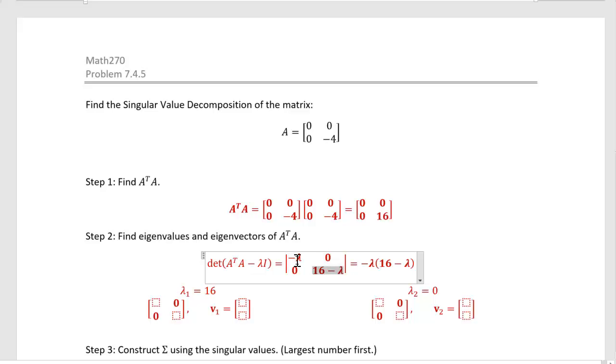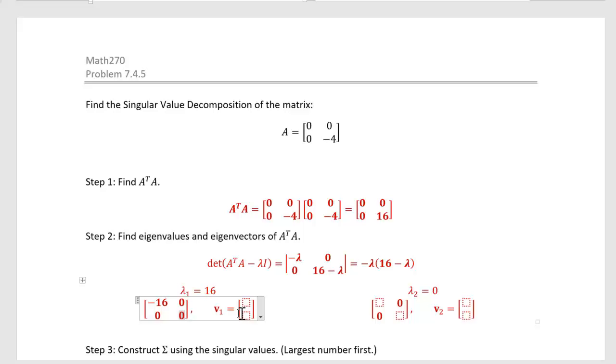When we put 16 back in here, we get negative 16, and 16 minus 16 gives us 0. That gives us a free variable at x2, and x1 has to be equal to 0 to make that negative 16 disappear. So our first eigenvector is 0, 1. That's the eigenvector for 16.